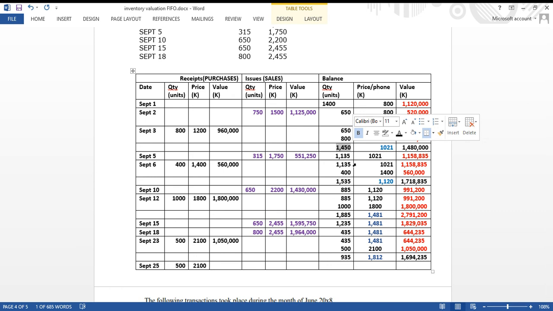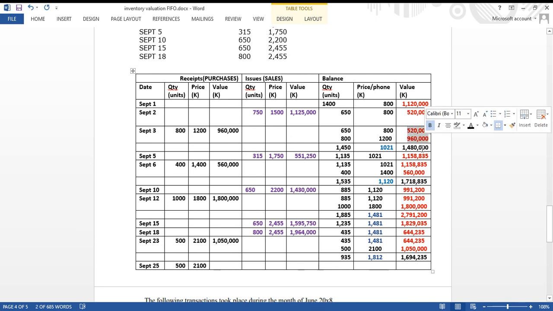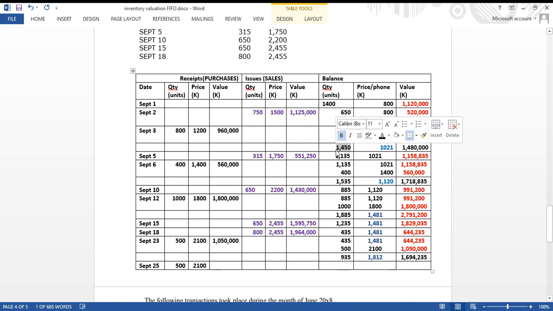Oh, okay, I see. So even the prices, when the balance as well, you add 800 plus 650, to give me this one here. Yeah. Then after I've added, you divide the total value by the quantity.